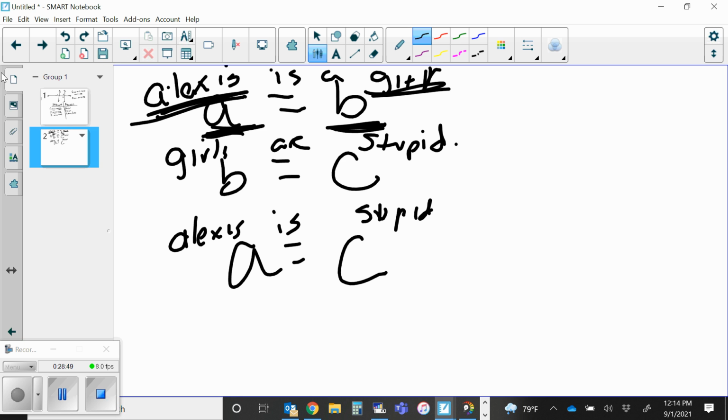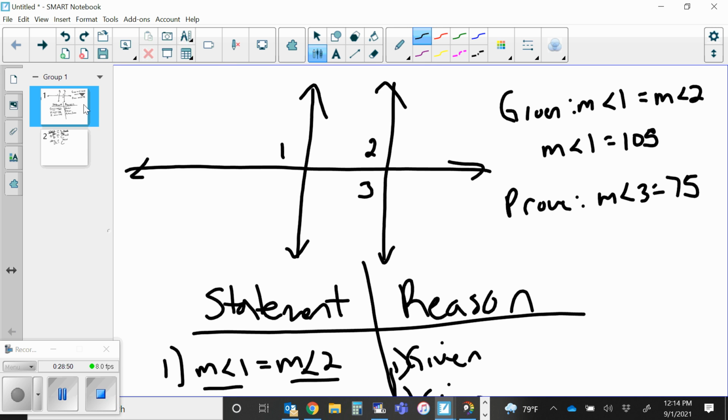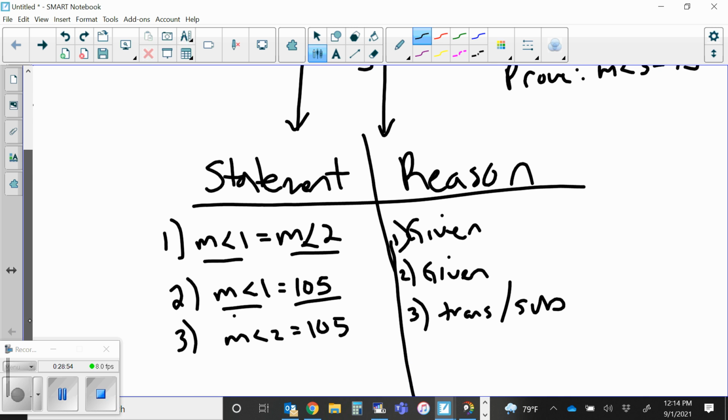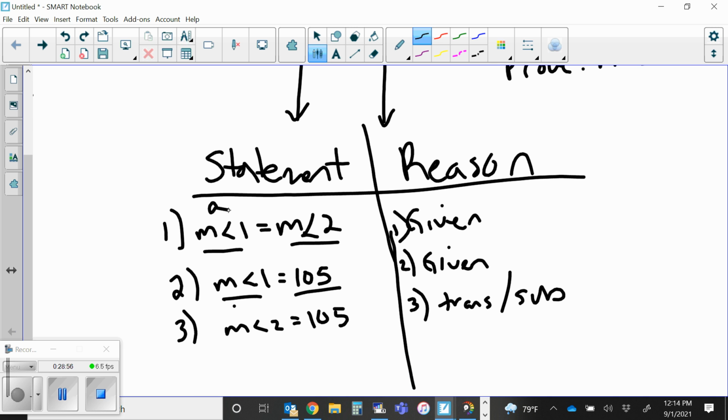So look right here. What is my A in this one? Because this one doesn't go so straightforward. 1 is my A, yes? Measure of angle 1. What is my B in this one? Measure of angle 2, right? And then what's down here? So I'm saying A equals B, and really what am I saying?